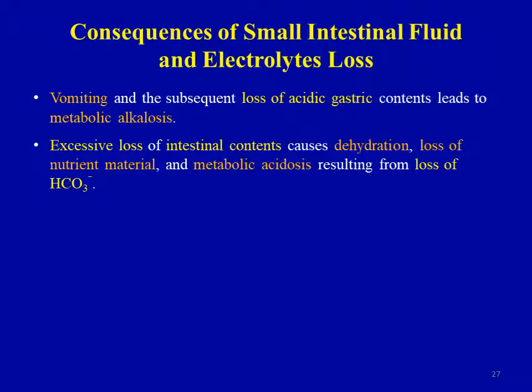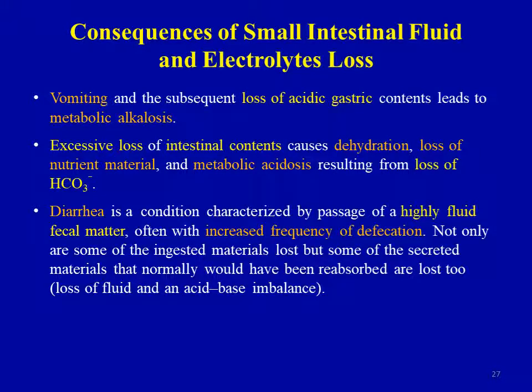Excessive loss of intestinal contents causes dehydration, loss of nutritional materials, and metabolic acidosis resulting from the loss of bicarbonate. And here we talk about loss through diarrhea, not vomiting.